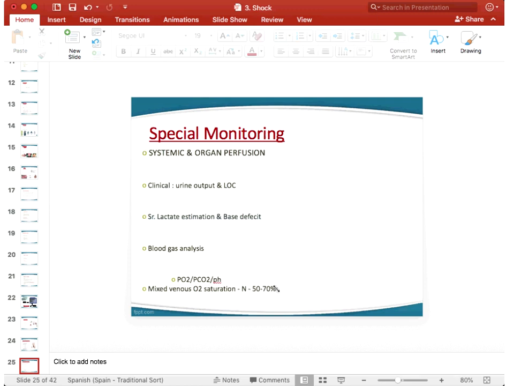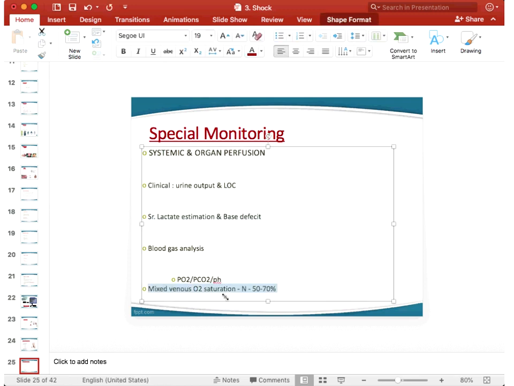And here again, your mixed venous saturation, that's when you perform a blood gas on the venous system. Sorry, I said a value earlier of 80 through 75, but the normal value ranges from 50 to 70%. Below this, you're talking about low perfusion.